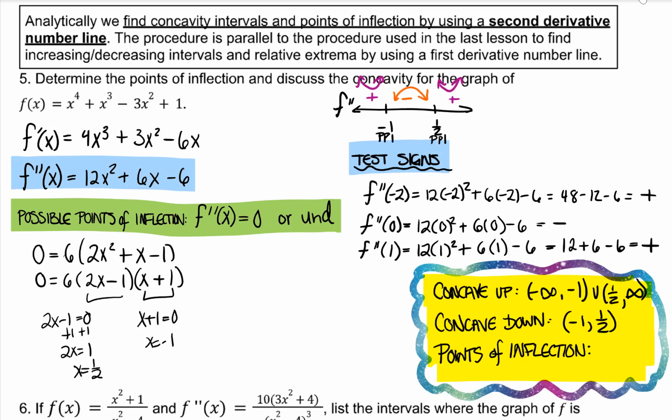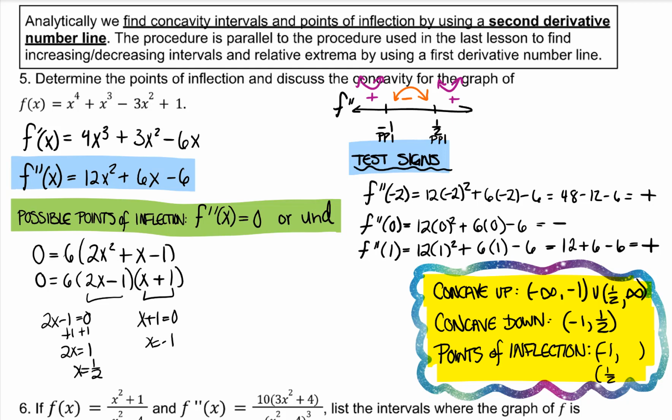All right, once you've determined your intervals of concavity, you can take a look at those x values that were possible points of inflection before and decide if they are points of inflection. Remember, for points of inflection, the first derivative exists and the graph changes concavity, or the second derivative changes sign. That means -1 and 1/2 are both x values of points of inflection.